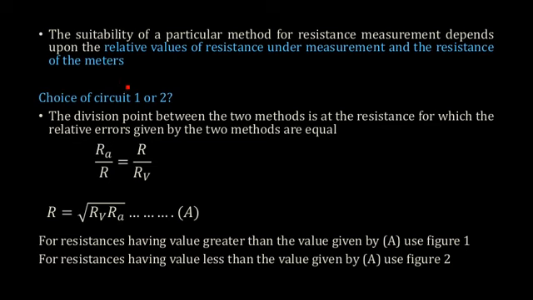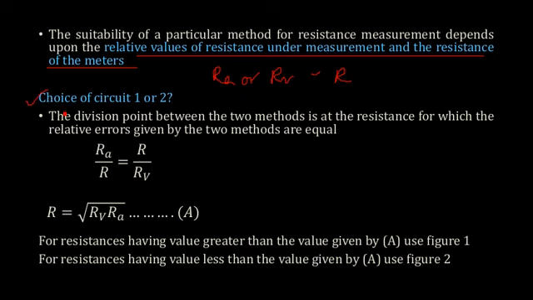Now the suitability of a particular method, figure 1 or 2, depends on the relative values of the resistance under measurement and the resistance of the meters. So with respect to the resistance of the meter RA or RV, what is the value of R? The relative value will give you the suitability of a particular method. Now how do you choose this circuit 1 or 2?